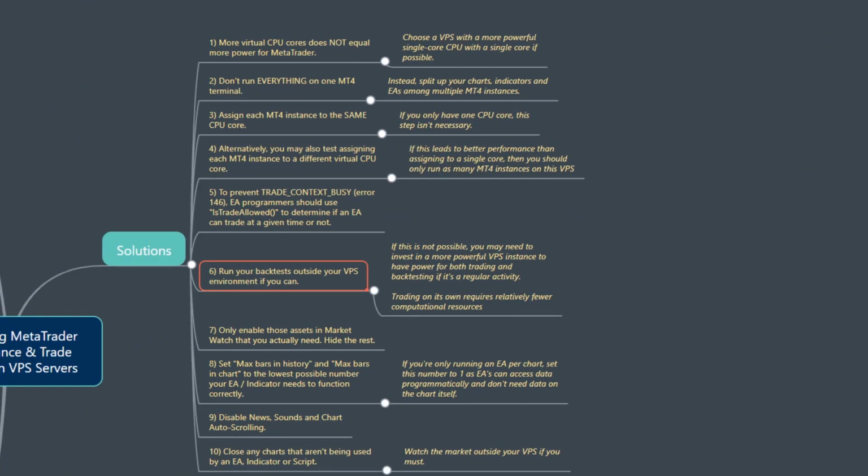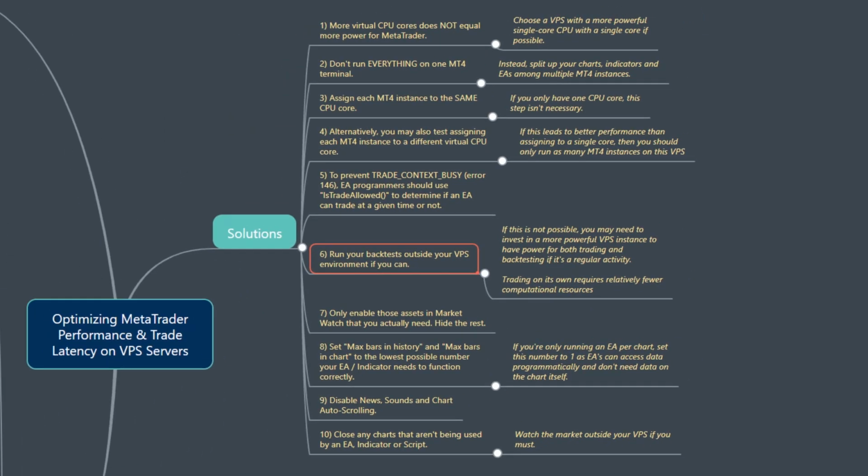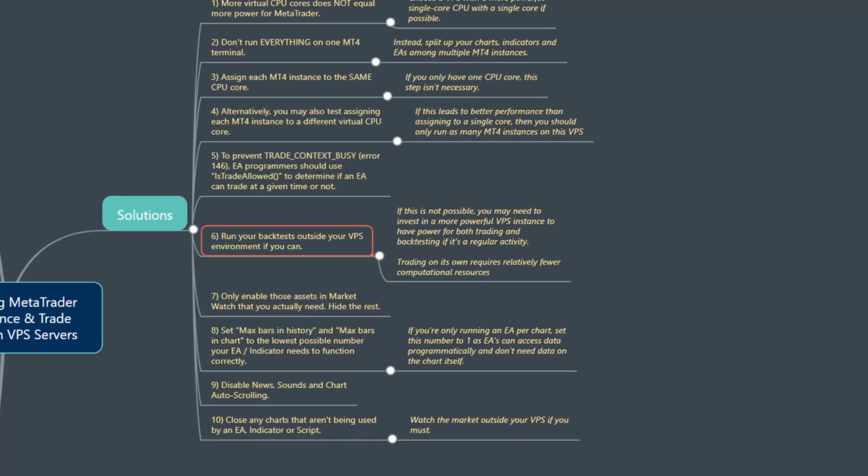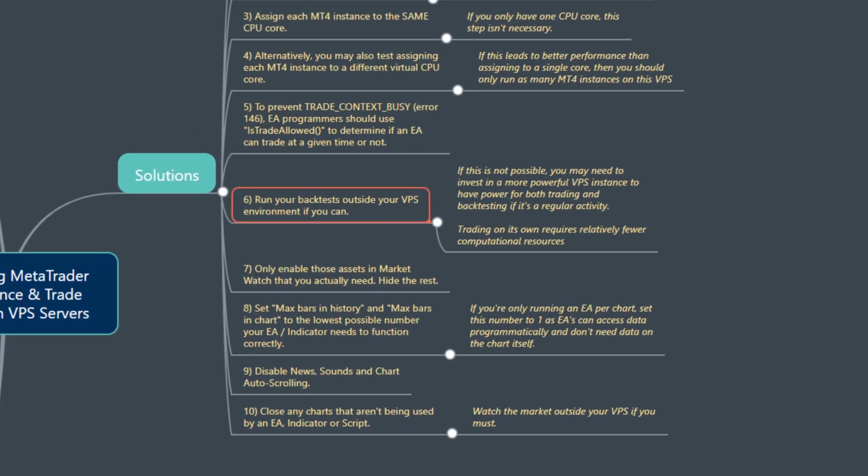And finally, in terms of computational resources, you can also improve your ability to select a good VPS server. When selecting a VPS server, just know that more cores does not translate to more power when MetaTrader 4 is concerned. It's always a better idea to choose a single core CPU that has a lot more power than one that has less power but multiple virtual cores.